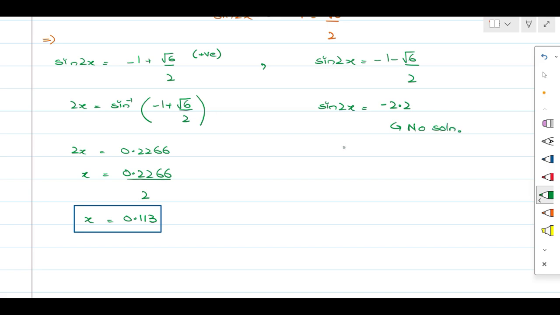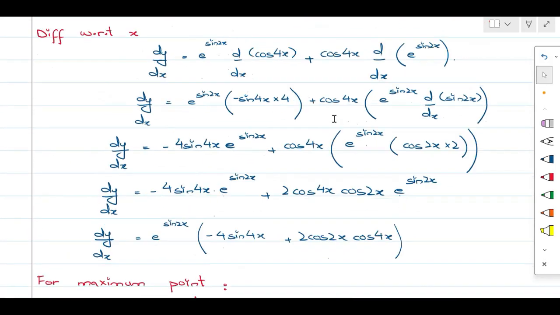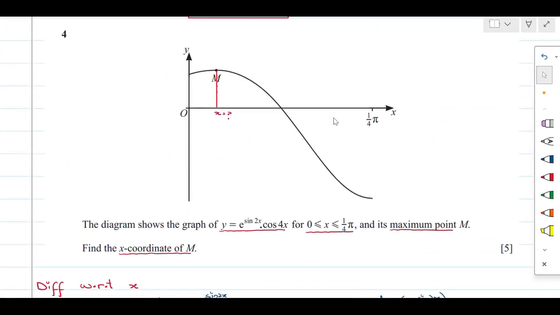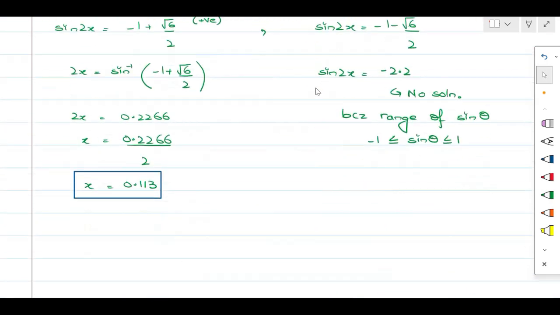Because the range of sine theta must lie between negative 1 and positive 1. This value is negative 2.22, so it is not in the range. So we have no solution from here. The only x coordinate for the maximum point is 0.1133. I hope this is clear now.